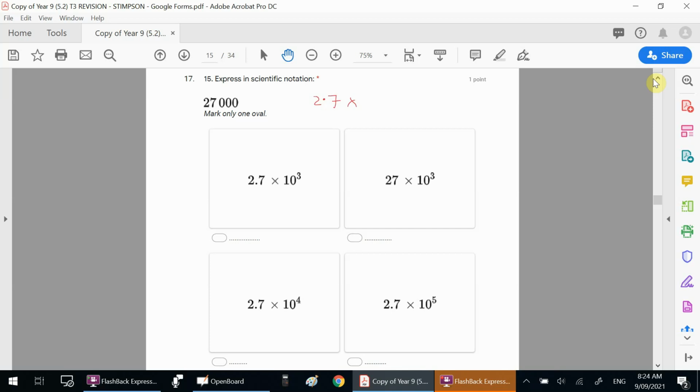And then we've got to move the decimal point to the right to move it back to where it should be, which gives us our power of the 10. 1, 2, 3, 4. There's the scientific notation of that number. There it is there.